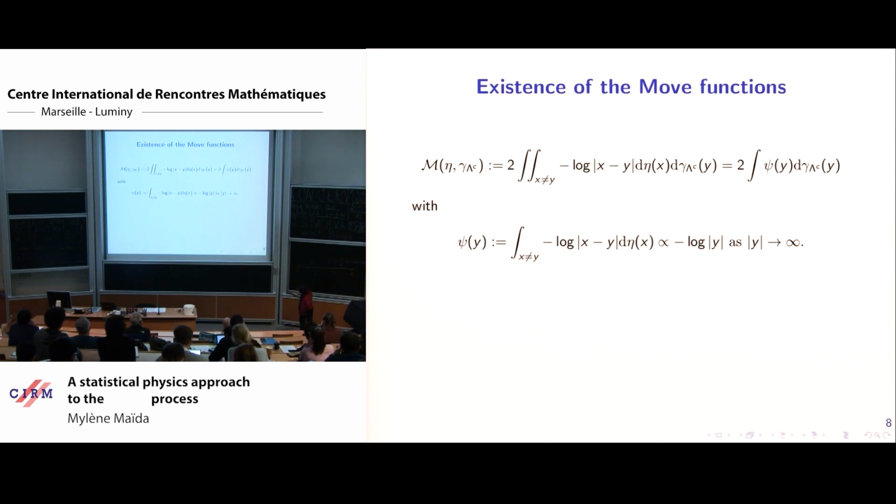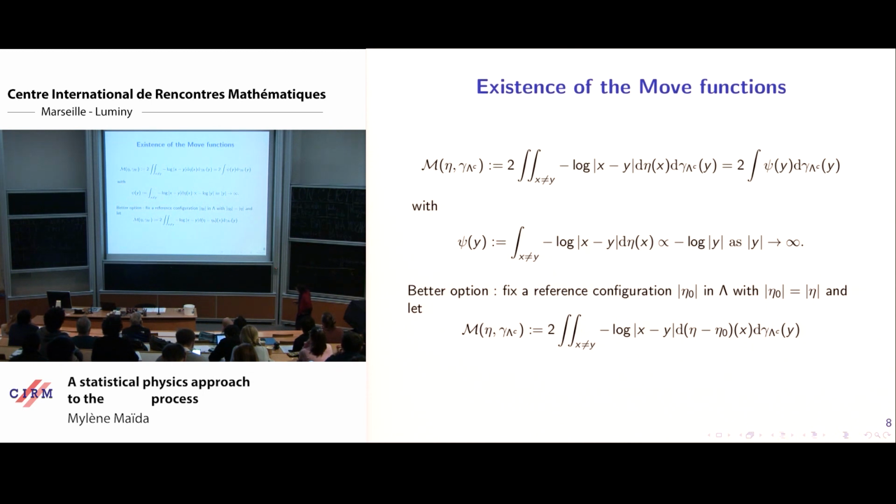And so if x is inside lambda, this behaves like log of y, so it's going to be hard to make it converge. So in fact, a better option to define the move function is to introduce a reference configuration, eta 0, which has the same number of points as eta inside lambda.